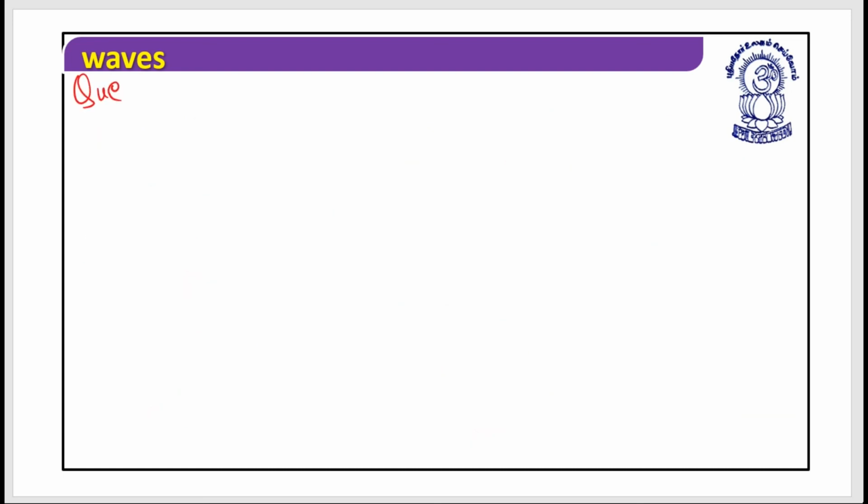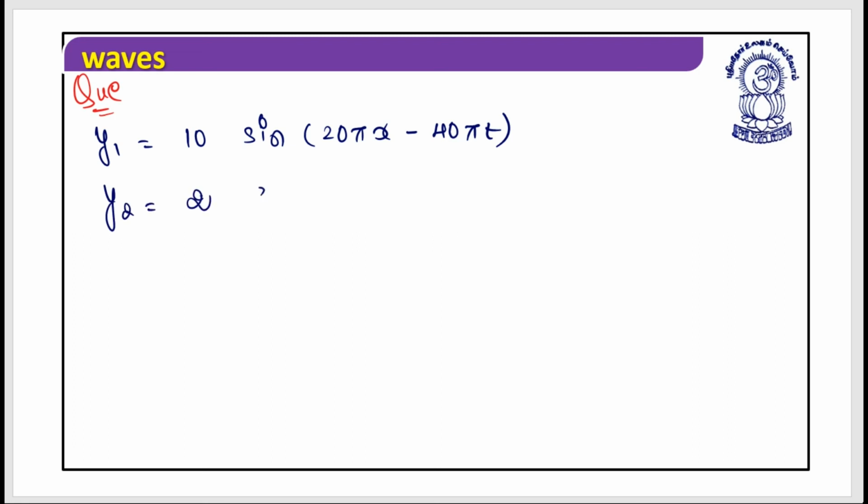The next question. Let's suppose y1 equals 10 sine 20 pi x minus 40 pi t, and y2 equals 2 sine 40 pi x minus 80 pi t.